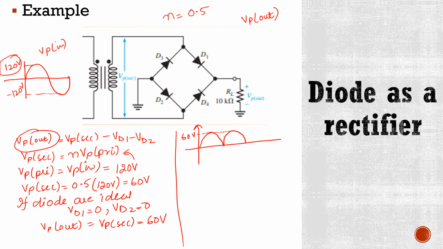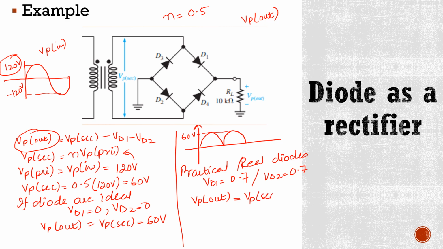Now, in case of practical or real diodes, if we have silicon diodes, then VD1 is 0.7 and VD2 is also 0.7, and in that case we have peak output voltage VP secondary minus 1.4, that is 60 minus 1.4, which is equal to 58.6 volts.